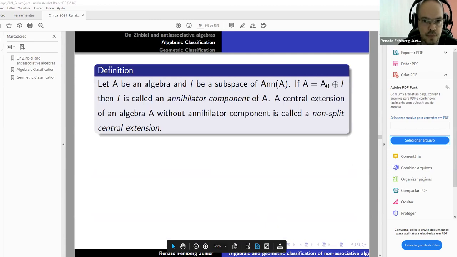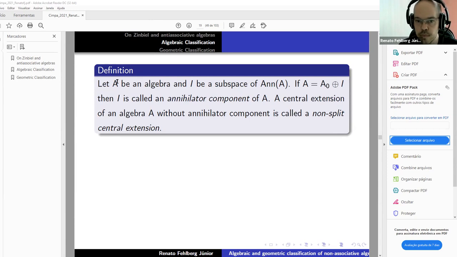One more definition. If you consider an algebra A and I a subspace of the annihilator of this algebra, then we call this subspace I an annihilator component.